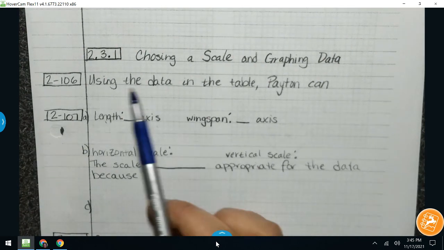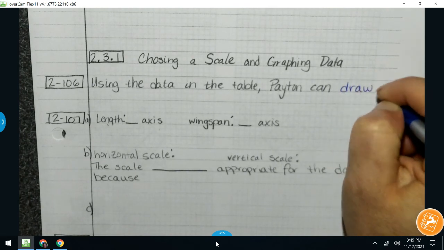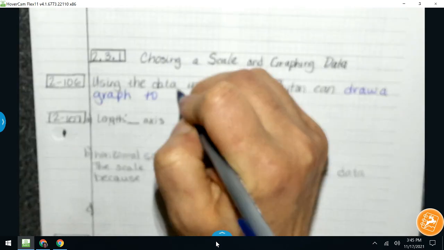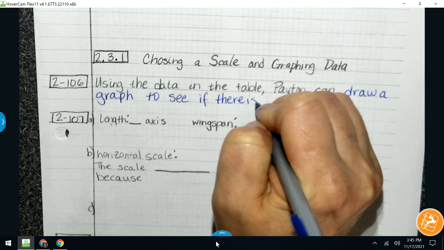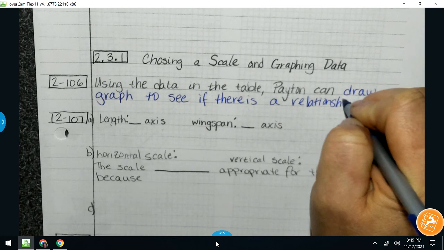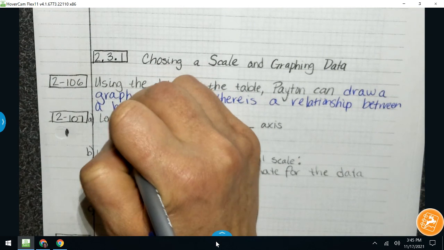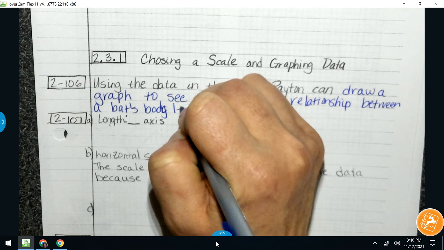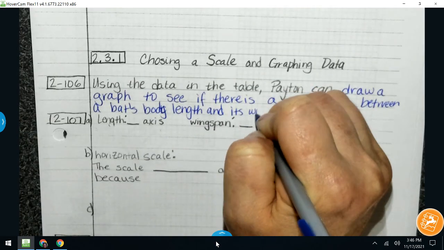So it says right here, using the data in the table, Peyton can draw a graph to see if there is a relationship between a bat's body length and its wingspan.